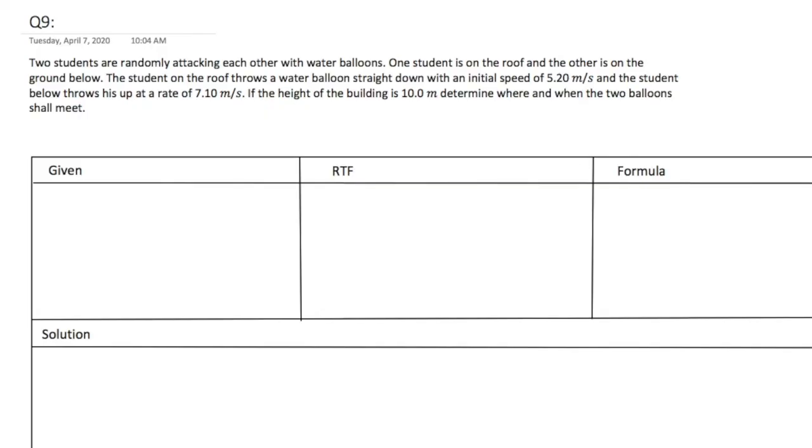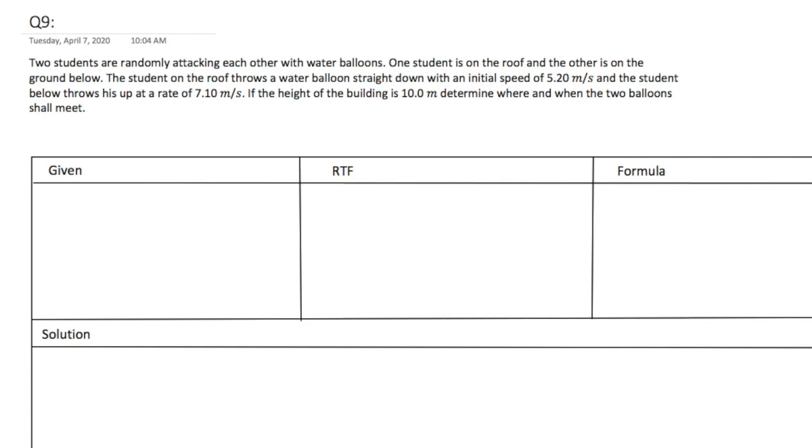Question number 9. 2 students are randomly attacking each other with water balloons. One student is on the roof and the other is on the ground below. The student on the roof throws a water balloon straight down with an initial speed of 5.20 meters per second, and the student below throws his up at a rate of 7.10 meters per second. This particular question is an object A, object B type question, because there are 2 individual water balloons.